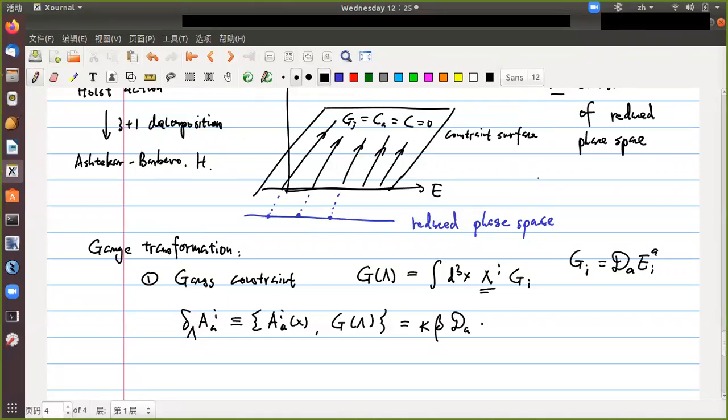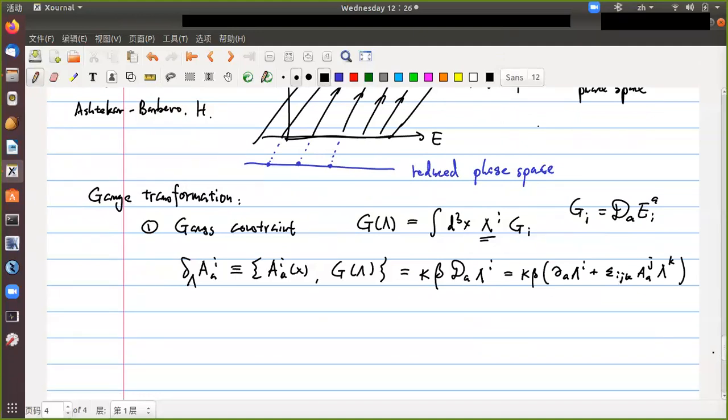D_a λ^i, okay? And this D_a λ^i is the following: ∂_a λ^i plus ε^i_jk A^j_a λ^k. So this is the explicit expression for this D_a.